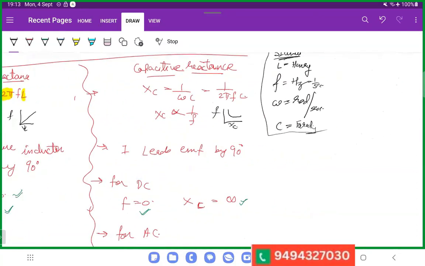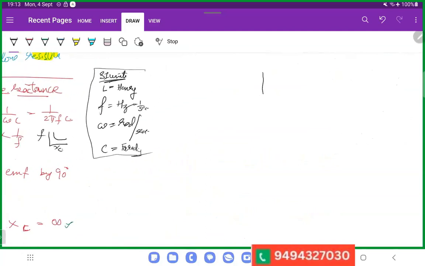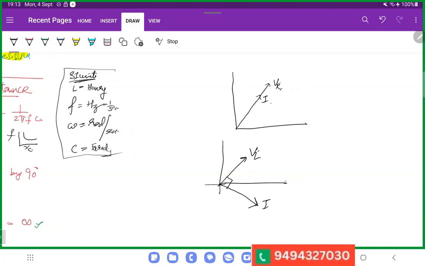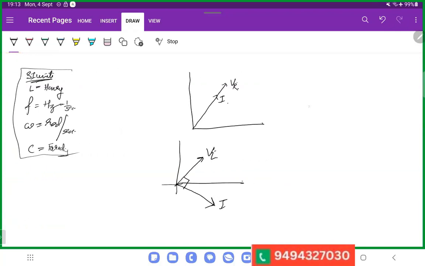Likewise, if you go with the phasor diagram, we saw before that for a resistor, voltage and current are both in the same phase. VL and I are 90 degrees apart, VL is ahead of current.